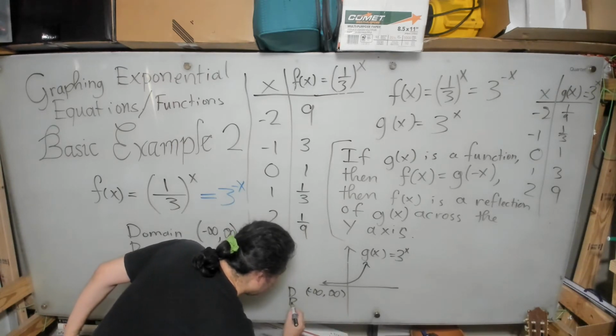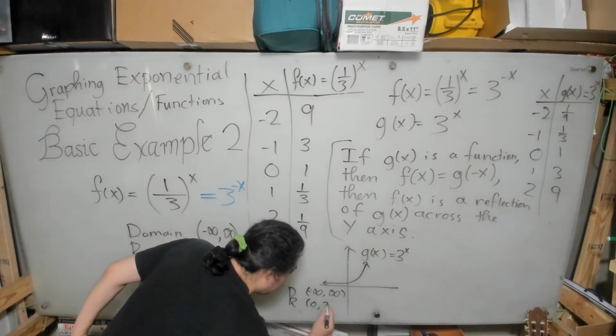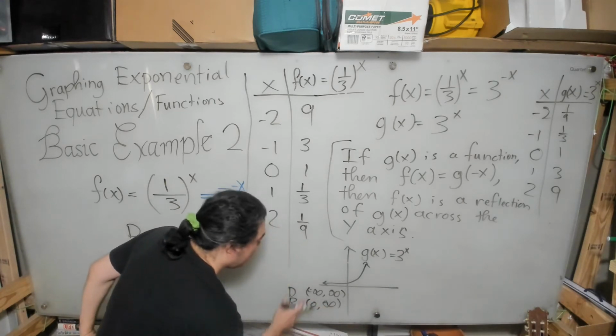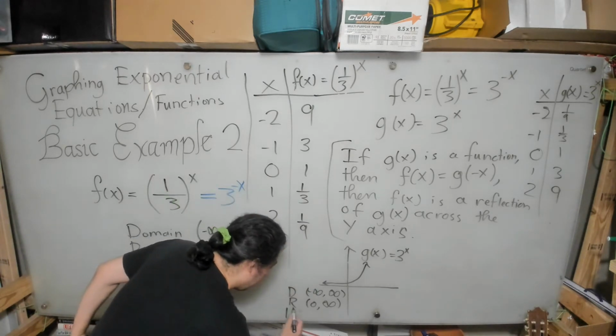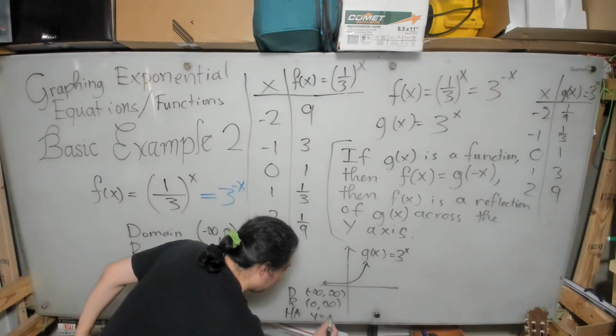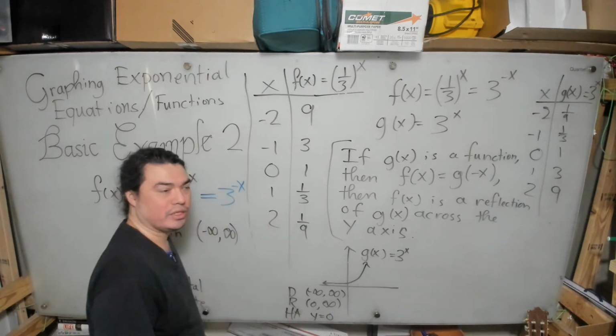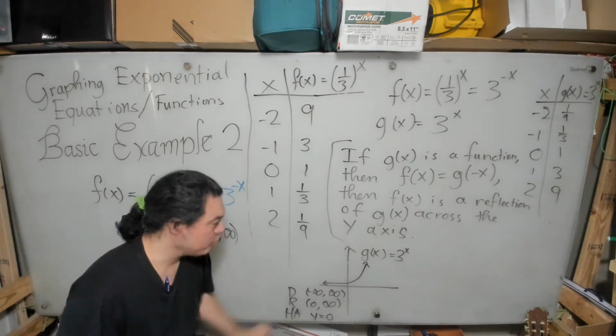The range of 3 to the x will be from 0 to infinity, not including the 0. The same argument I gave in the previous video. And the horizontal asymptote, the HA, will be y equals 0. Again, same reasoning as above. It's going to get closer and closer to 0 forever in this direction.